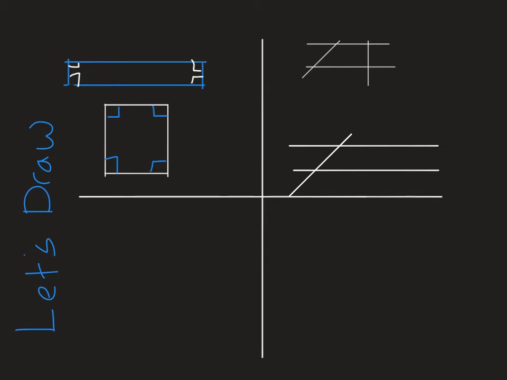So for example, this trapezoid has two angled lines that intersect with it at two different points. A trapezoid has only one set of parallel lines. The other lines are not parallel.